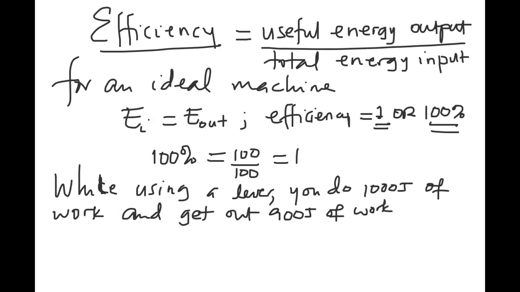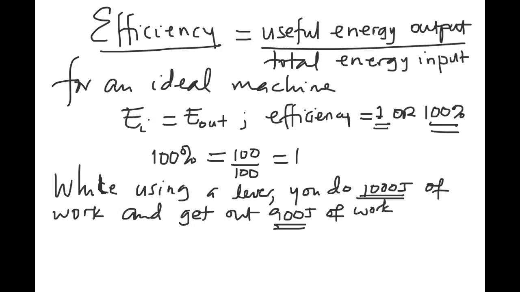That's possible because we have now taken into consideration the effect of friction and air resistance. So in the end, you end up with 900 joules of work, but you put in 1,000 joules of work.